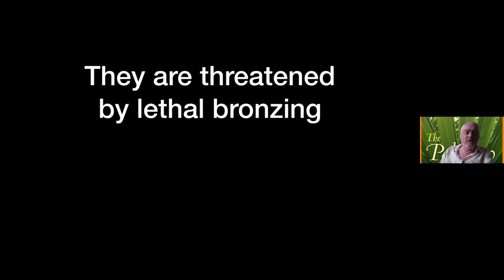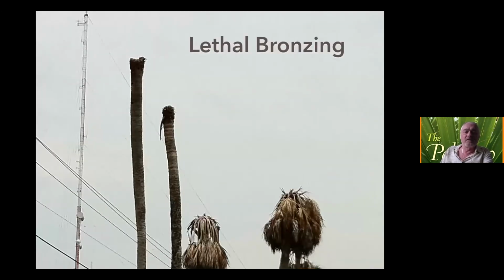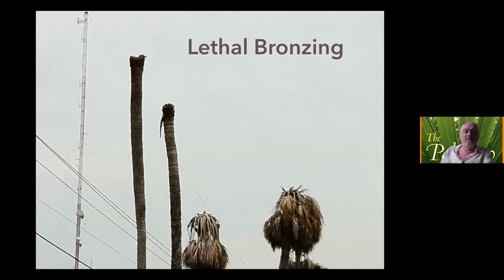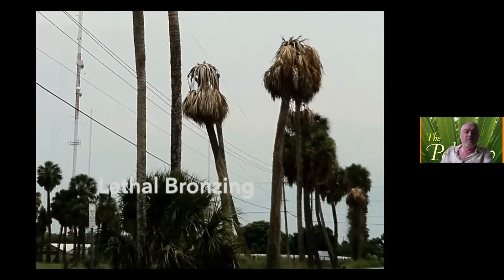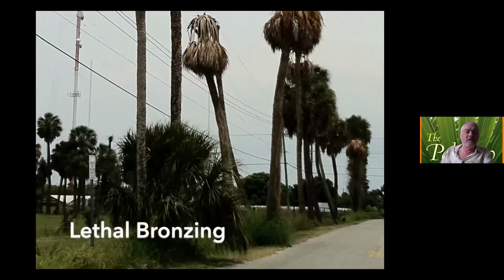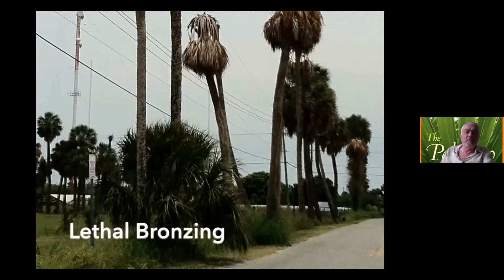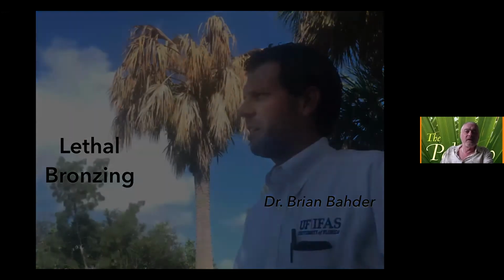However, despite all their resilience and toughness, they are being threatened by a new disease called lethal bronzing. It's a strange disease. You can find a number of them that are dead and dying, and then in the same location, you'll see healthy ones, young ones, and ones that seem to be in good shape. This is Brian Bader. He's leading the research for IFAS, and there's a tree dying of lethal bronzing in the background there. Lethal bronzing was first identified in Texas in 1980.